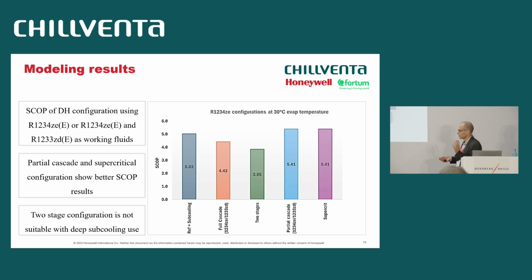So here I go directly to the results. We have the SCOP for each configuration, using R1233zd(E) as working fluid, or a combination of ZE and ZD when we have cascade or partial cascade. As you can see here, partial cascade and supercritical give the best SCOP.